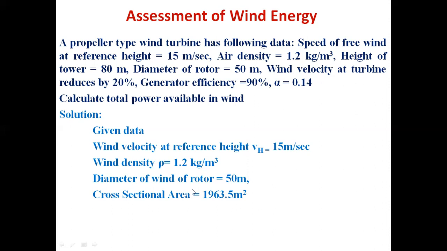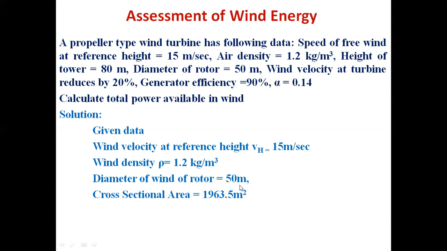Since the diameter of the wind rotor is 50 meters, we will have to calculate the cross-sectional area of the wind turbine. It can be determined using the formula pi by 4 d square, where d is the diameter of the wind rotor, taken as 50 meter.